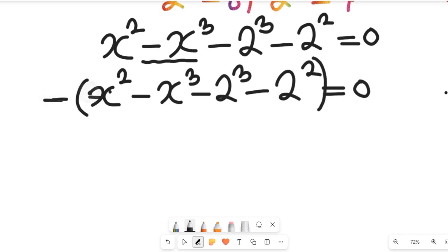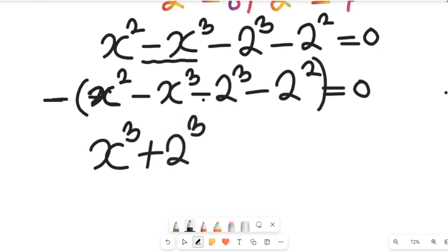If we do that, x to the power of 2 will now give us negative. x to the power of 3 will now be what? Positive. So it can stand on the first side. So x to the power of 3 minus times minus x to the power of 2 will now give us plus 2 to the power of 3, right?